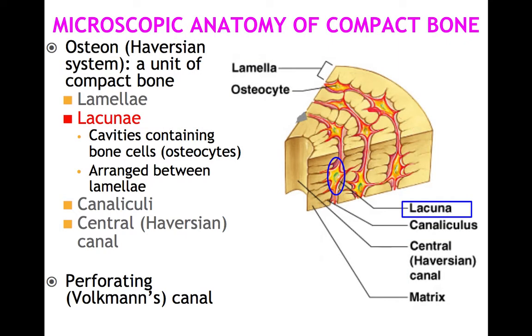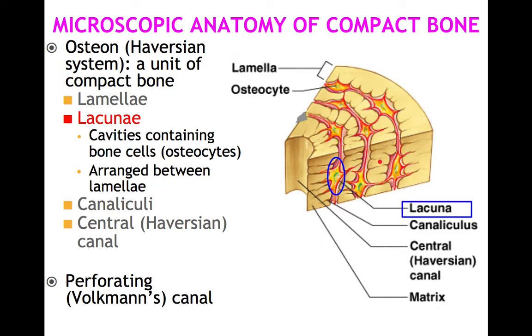Now, sandwiched in between the lamella are the lacuna. So we have one lamella, another lamella, another lamella, another lamella right here. But then in between each of those lamella are these pockets of space called lacuna. And so we have 1, 2, 3, 4, 5, 6, 7, 8 lacuna.